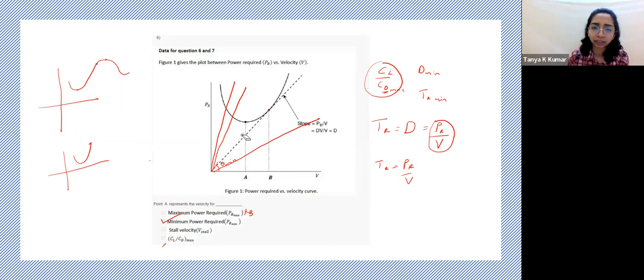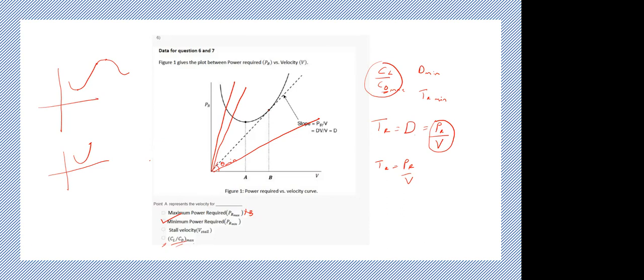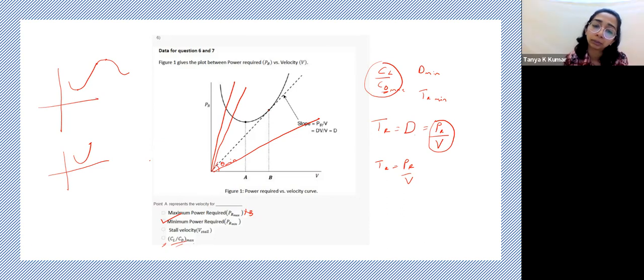This line represents the minimum thrust required, which in this level flight condition is the minimum drag, and that represents CL by CD maximum, right? Is it convincing? Yes, ma'am. So the constant slope line with the minimum slope gives you the minimum thrust required.